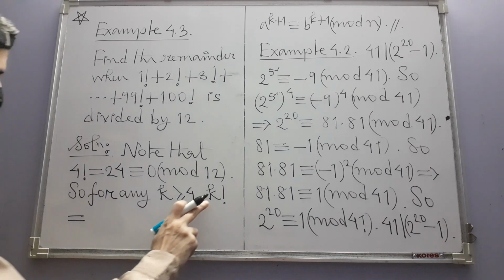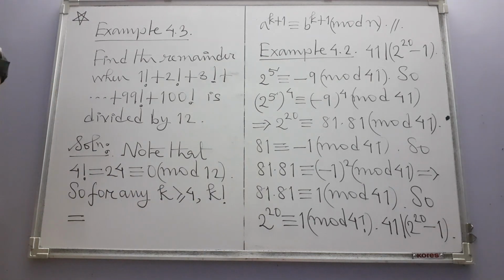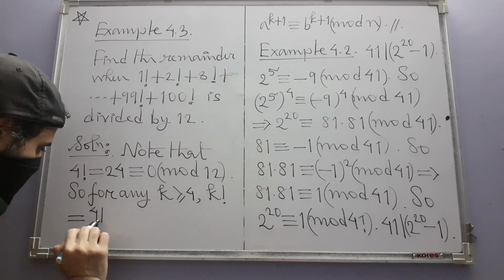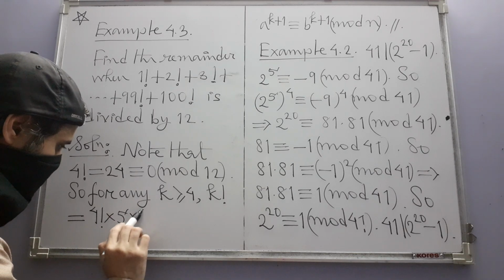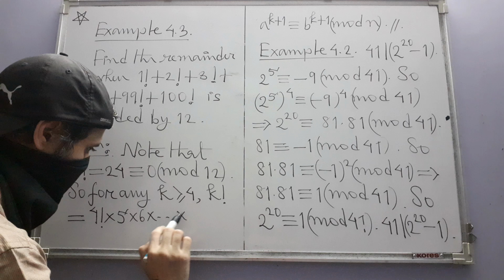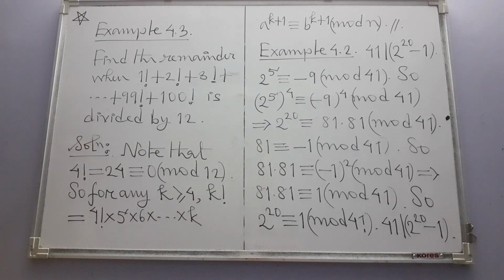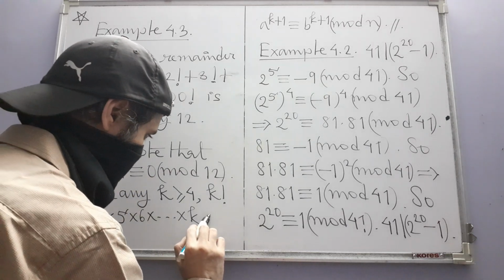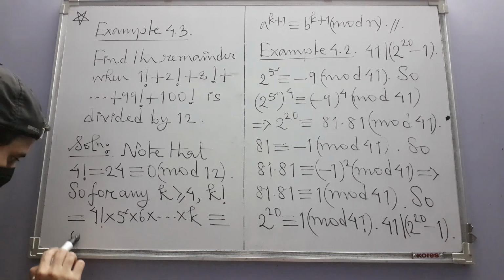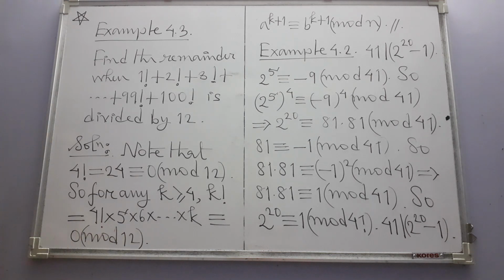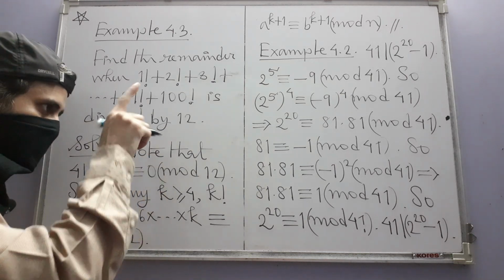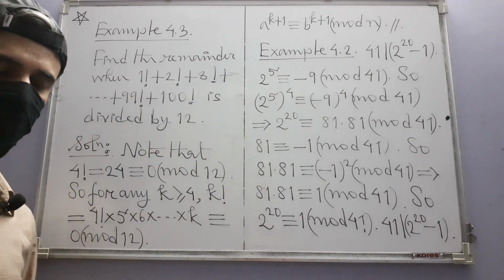Now, when you take k factorial, where k is at least 4, this becomes 4 factorial times 5 times 6 and so on up to k. Now, because 4 factorial is congruent to 0 mod 12, this is also congruent to 0 mod 12. But the question is, which part of the previous result have we used here?